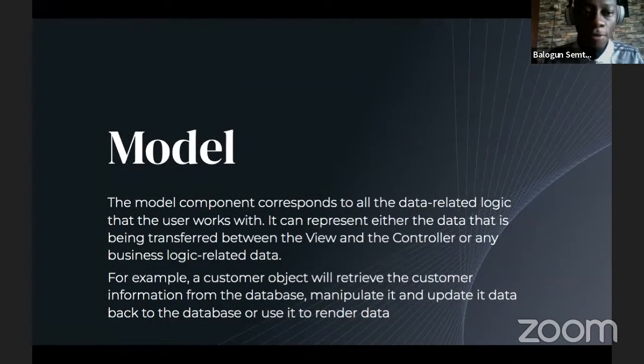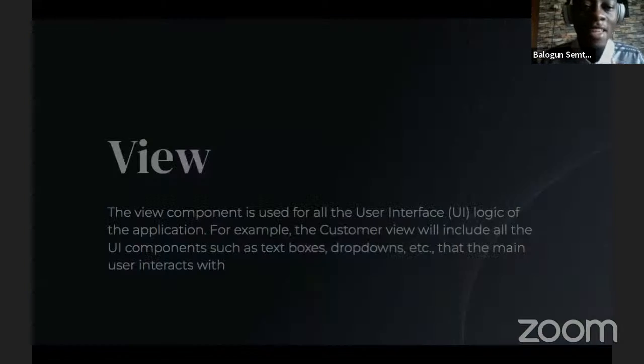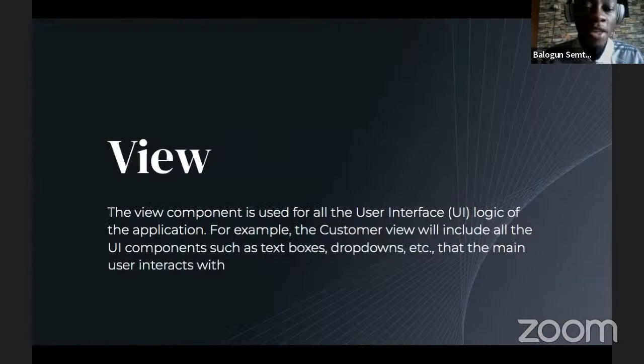Whereas the view serves as the interface that the user is going to be interacting with. The user is not going to interact with the logic of the application or the database itself. The aspect the user interacts with is the view. So for instance, when you visit a website, what you have is, let's say, the contact forms, the login page, the sign up page, all of those things. Those are the view, and you input data there.